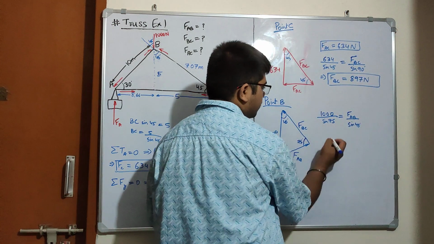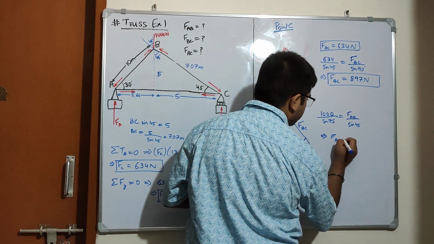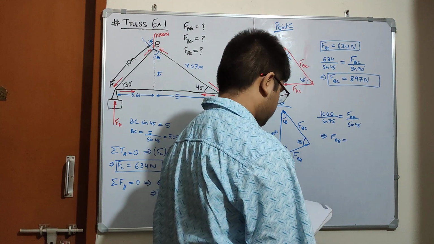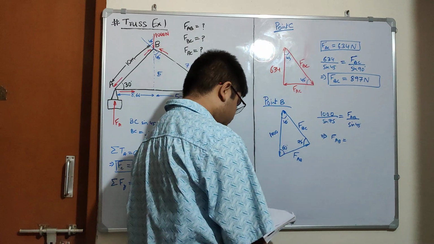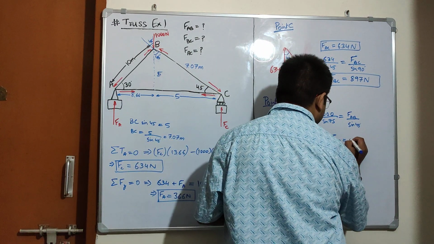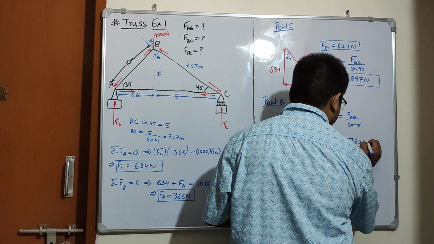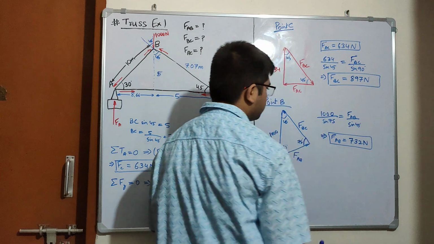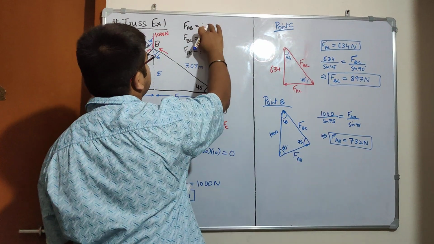Now this will give us FAB equals 732 newtons.